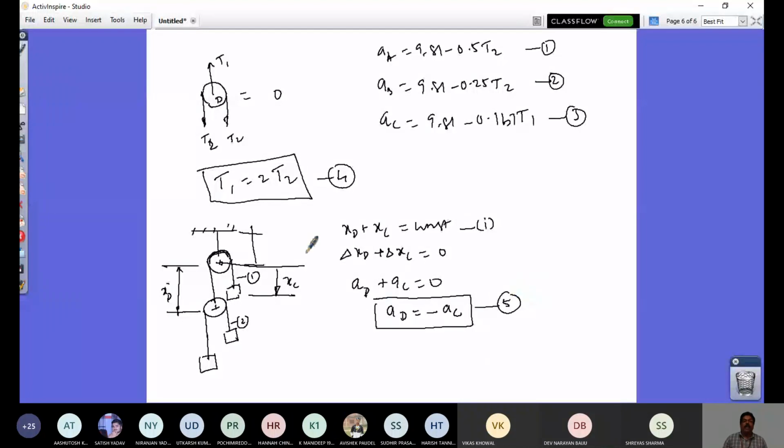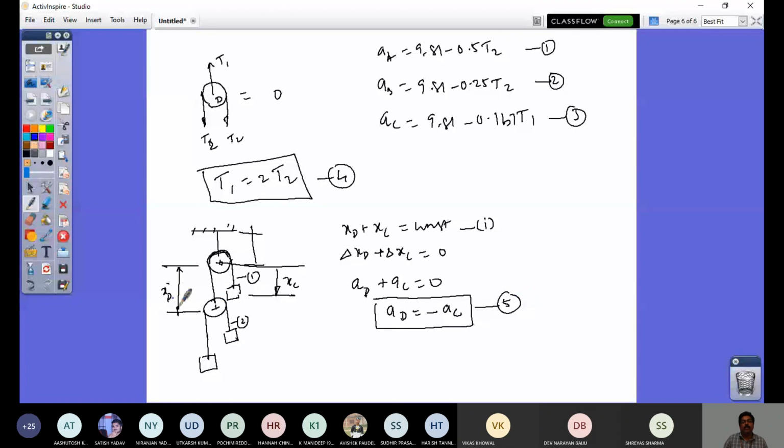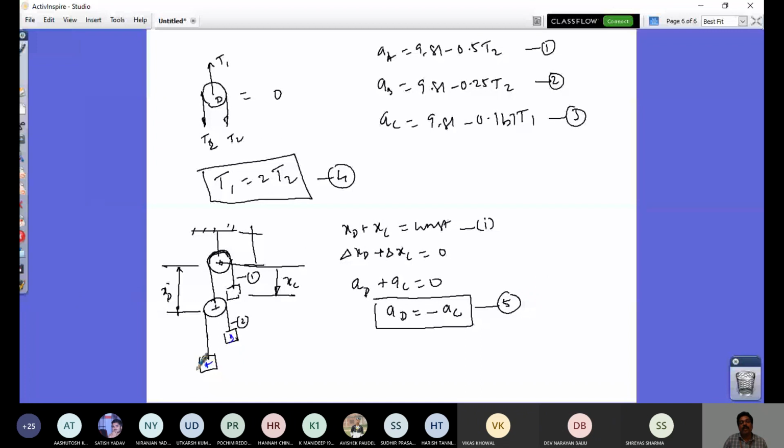And similarly, I can write an expression for string 2. So for string 2, you look at what is the constant part of my varying length. This is A and this is B. So I will express this distance from here like this. So from here, this part of the length, I can represent how from this point, whereas this is positioned at XA, and the XD is this part of the length.